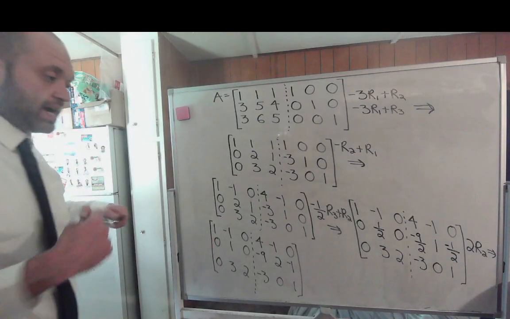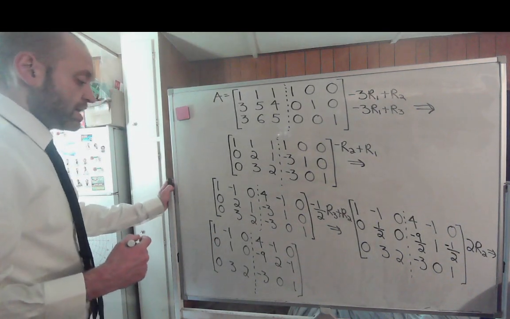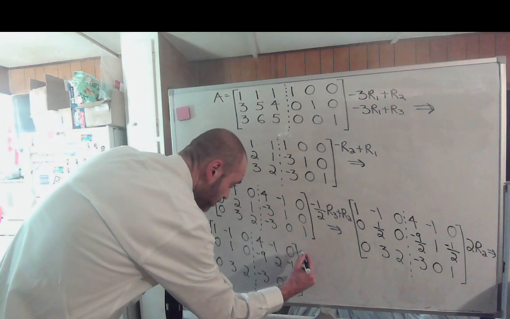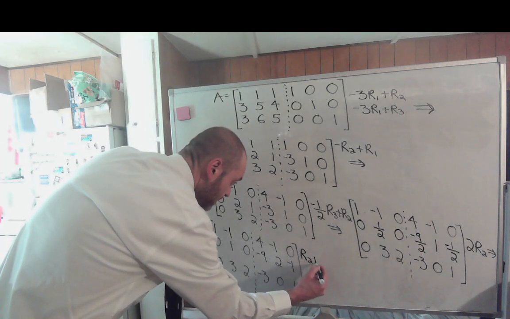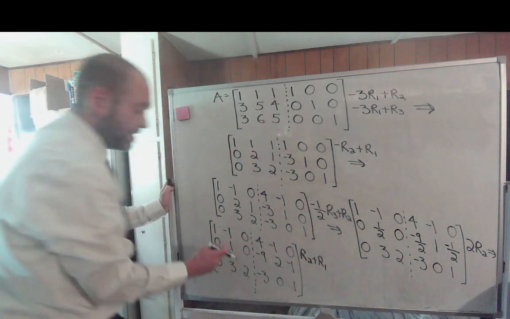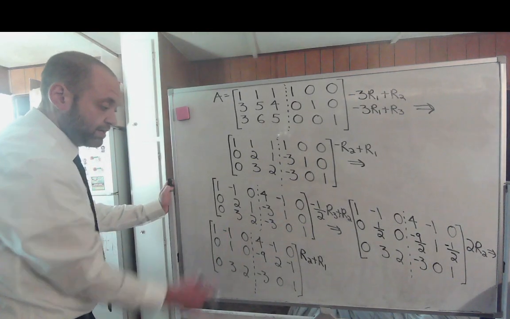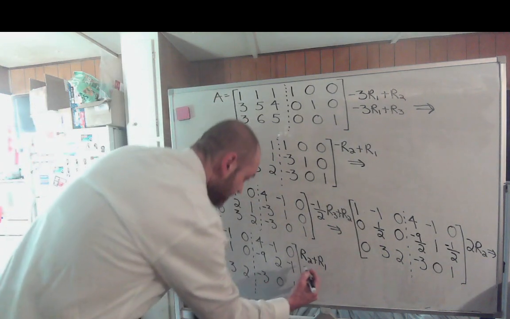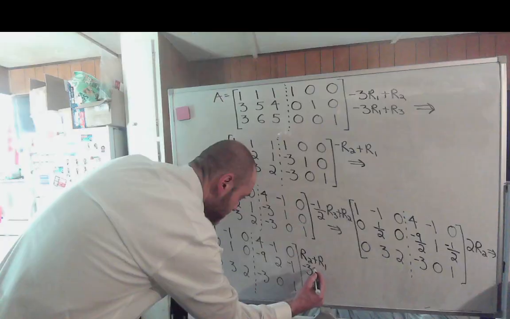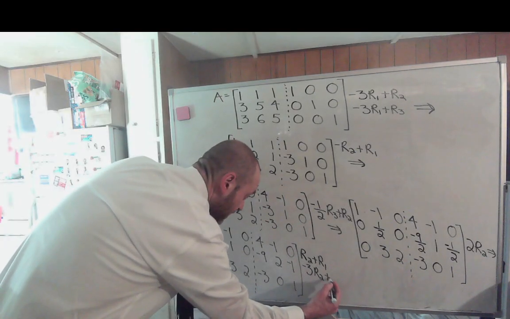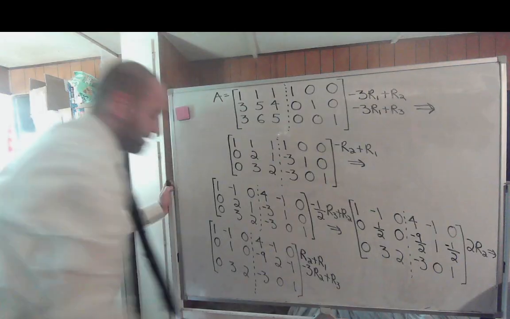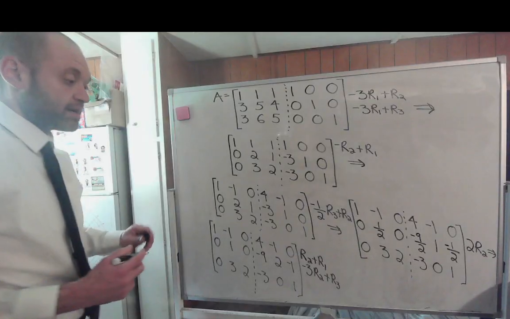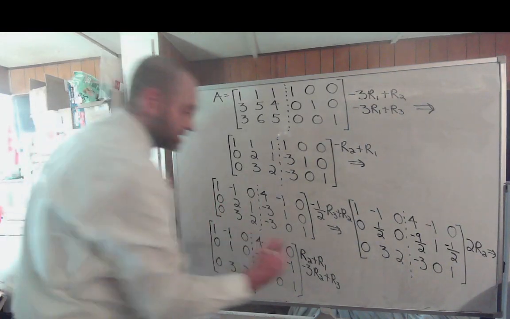I can do that if I take row 2 and add that to row 1. That'll make the second digit in row 1 a 0. And then if I take negative 3 times row 2 and add that to row 3, I can make that second digit in row 3 also a 0. So let's go ahead and apply those transformations.